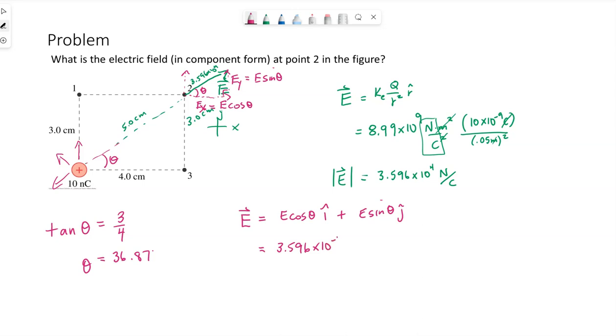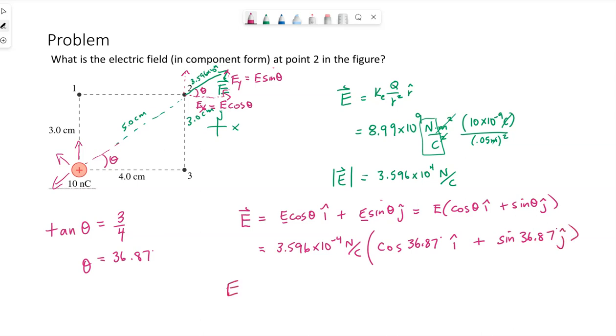Because they both have E, meaning the magnitude of the electric field in them, I'm going to plug it in this way so I don't have to write out E multiple times. I know that was silly. I do silly things at times.